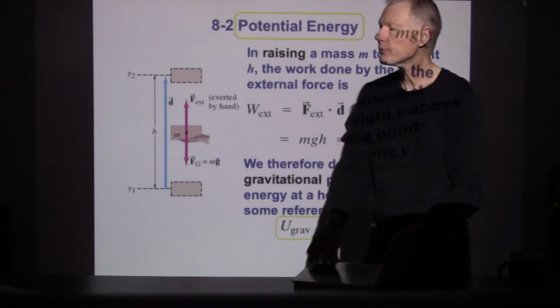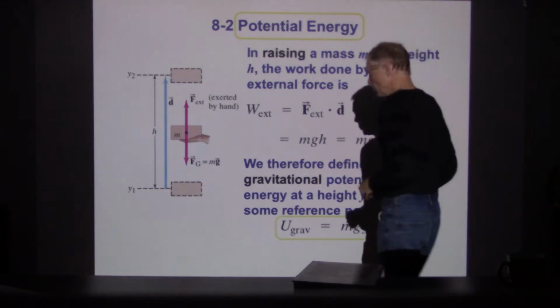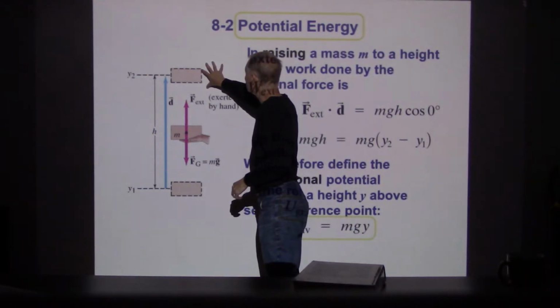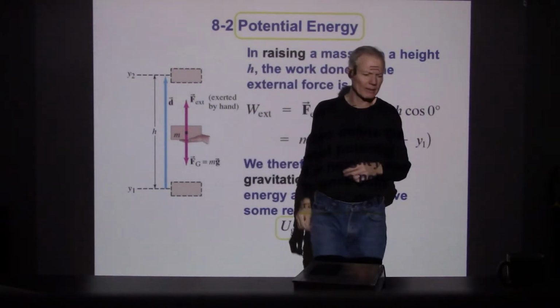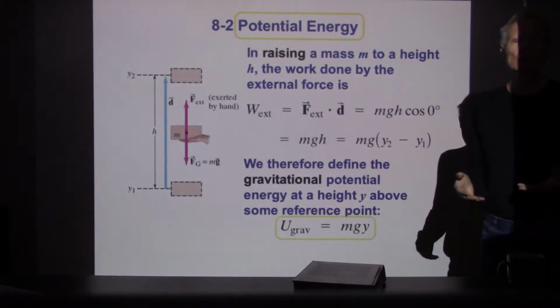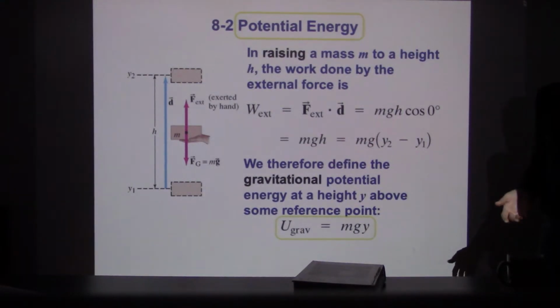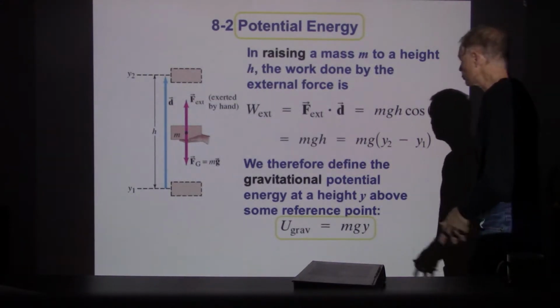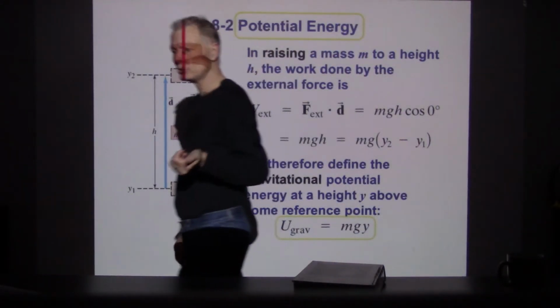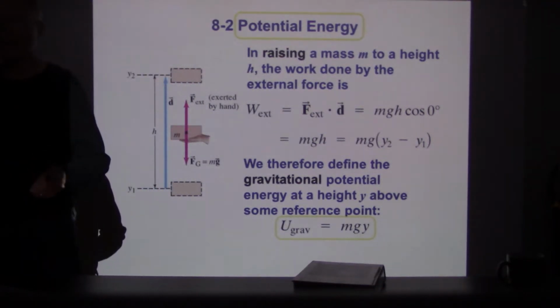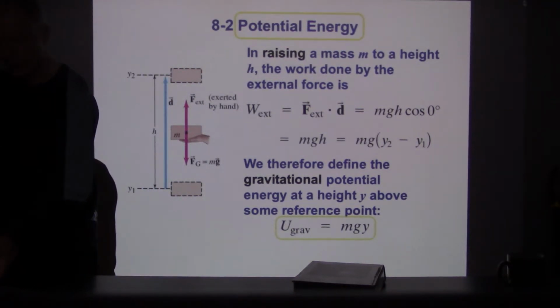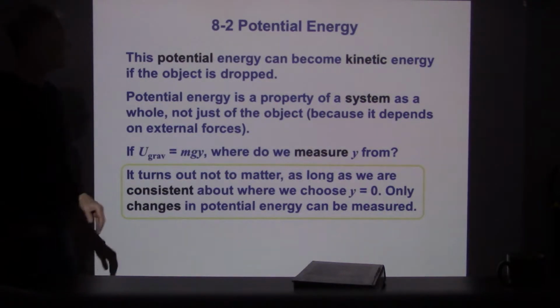So once we've lifted an object through a gravitational field, that stores up a certain amount of energy, and that energy can be utilized to operate some machinery. We refer to this as mechanical energy that we have stored. Our formula is going to be mgh, or mgy if we want to work in terms of that variable.